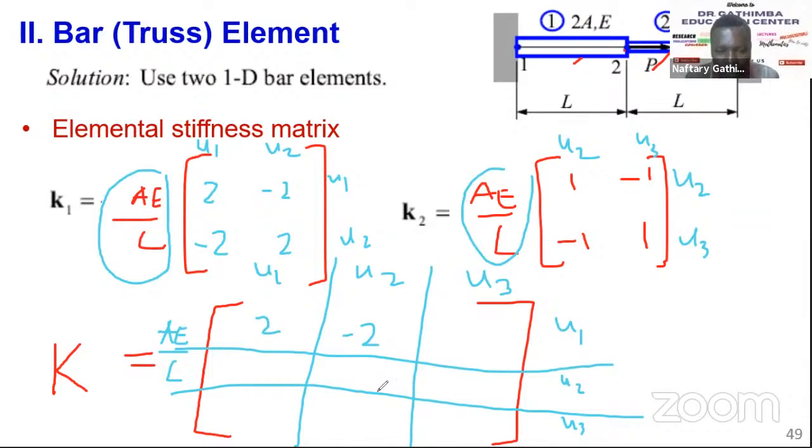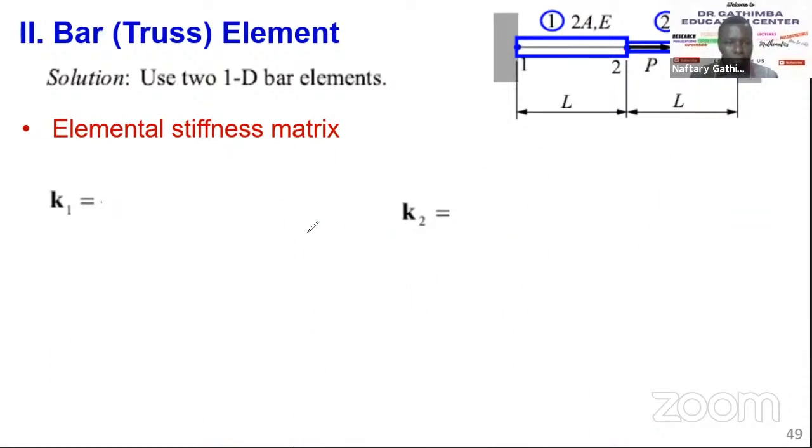Like if I jump to this point here, this is U2, U2. U2, U2 here is 2, and U2, U2 here is 1, so this will be 2 plus 1, which is 3. Therefore, we are going to have our global stiffness matrix.